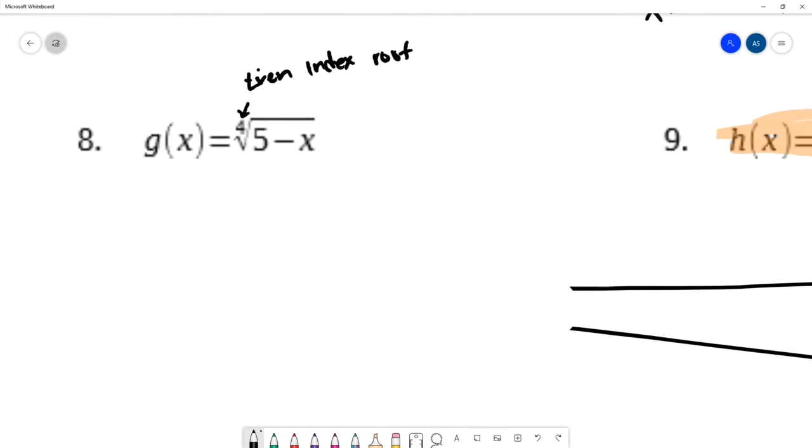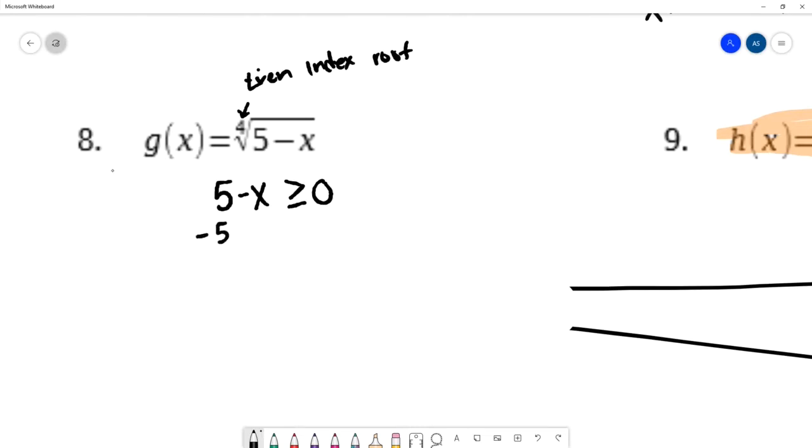We want what's underneath the radical to be positive or equal to 0, because the even root of a negative would give you a complex number. We only want real numbers. So we're going to take the expression underneath the radical, and we want that to be greater than or equal to 0, and we solve that inequality.